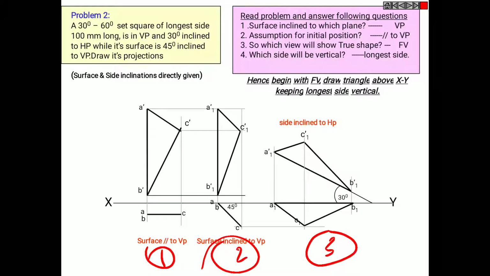So take a minute and make the diagram clearly, since the illustrations are very clear to you. So hence begin with the front view. Draw the triangle above XY, keeping the longest side vertical.